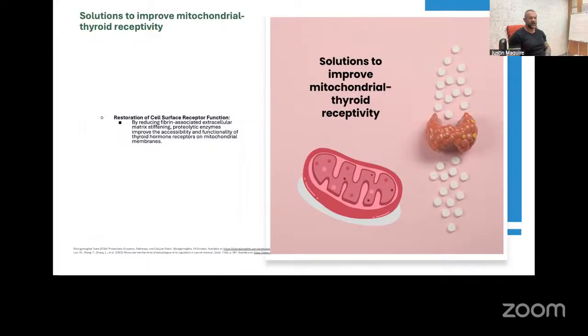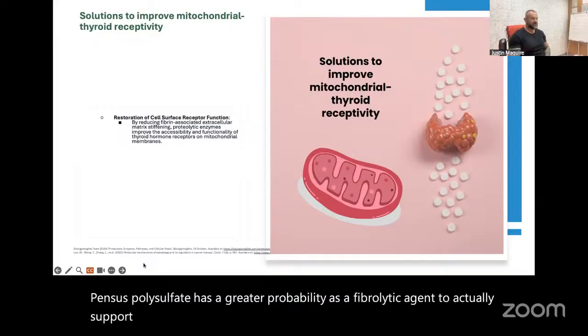So I'm definitely not dismissing the probability of proteolytic enzymes. They most certainly have shown effect from a practical perspective, but from a scientific hierarchy of evidence perspective, what I've come to understand is pentosan polysulfate has a greater probability as a fibrinolytic agent to support the outcomes in this particular pathophysiological situation.